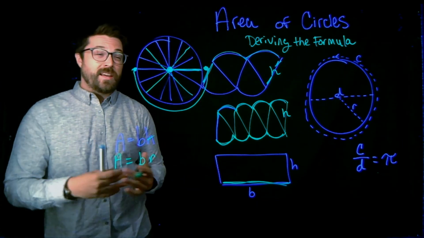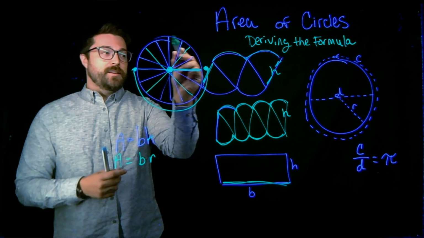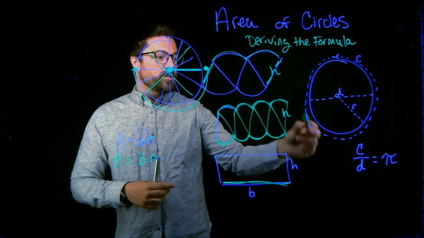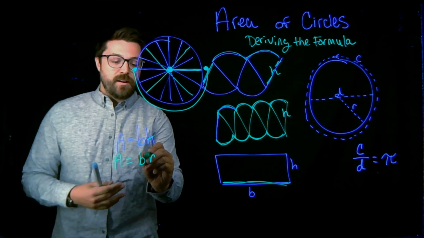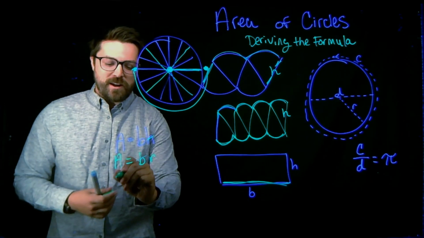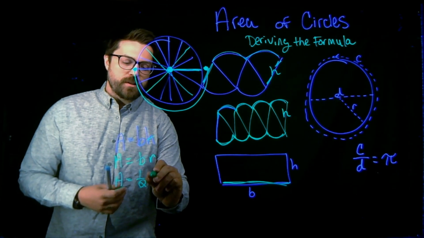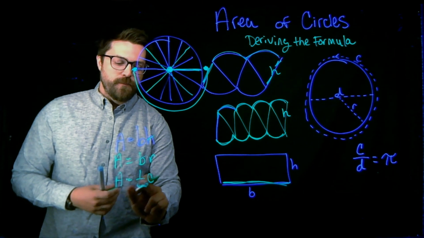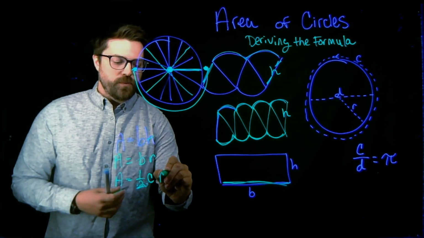So we just have to think in terms of what we know about circles, what is that? The distance around a circle is the circumference, so the base is just half of that. So now I can rewrite this one more time: the area is half of the circumference times the radius.